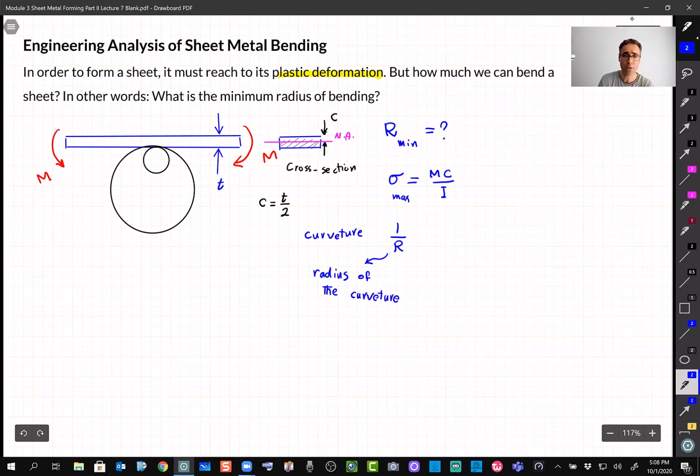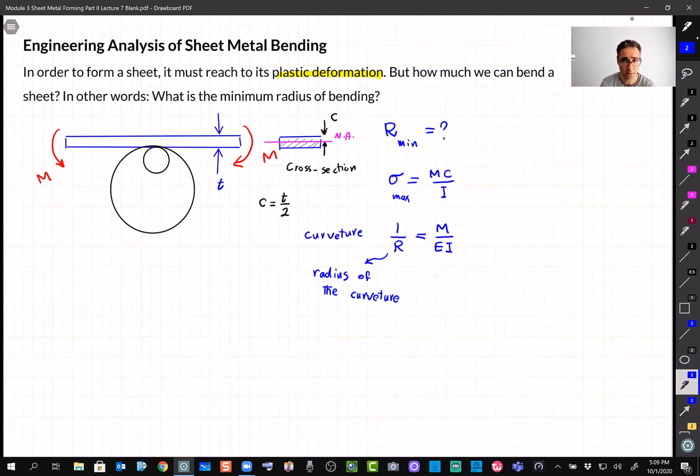And if you recall, we learned a formula, 1 over R is M over EI. These are standard formulas for a beam under bending.